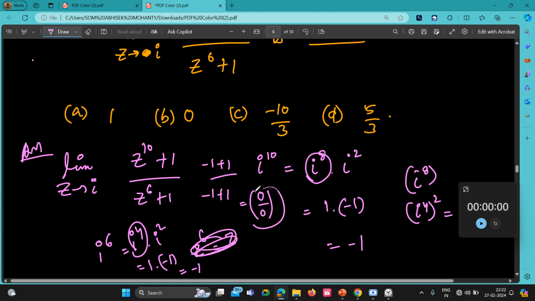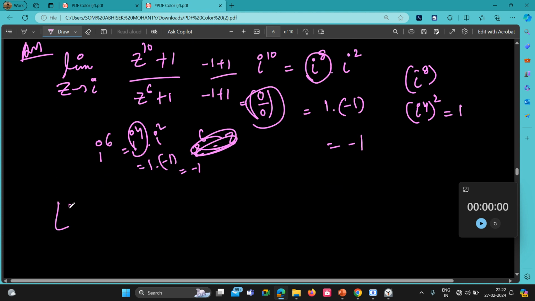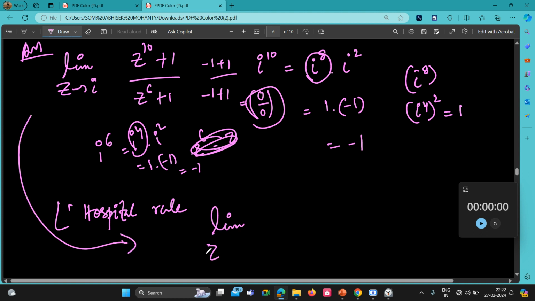So whenever there is 0 by 0 form, what do we do? We take L'Hospital rule, or L'Hopital rule, whatever you say. We will take the derivative of both numerator and denominator, right? So limit z tends to i, 10 z to the power 9 divided by 6 z to the power 5.